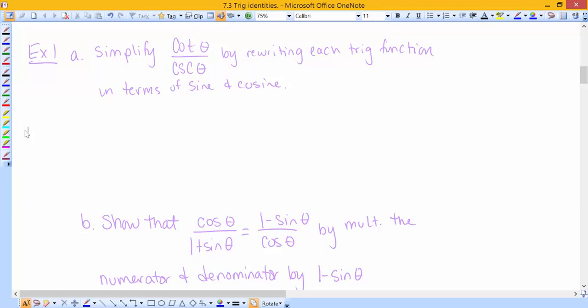Please take very good notes here. It might be worth it to watch this a couple of times. You're going to get out of it what you put into it. If you're not willing to put the time and the effort into this, then no, you're not going to get this stuff, and you will struggle through every single section that we have left in chapter 7. We need to be able to prove identities.